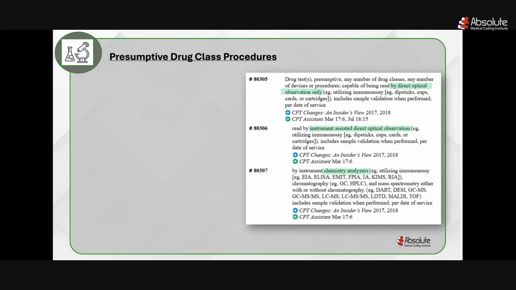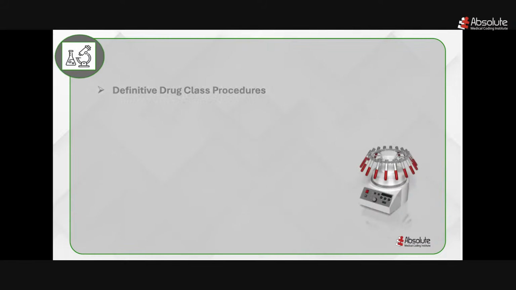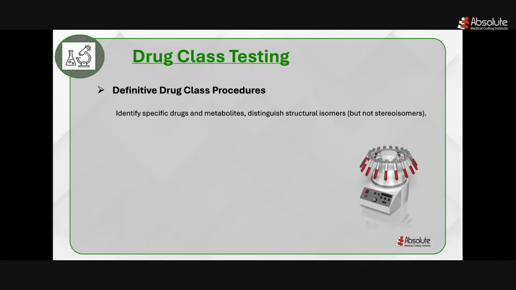All right, so let's move on to the next slide. Now that we have covered the presumptive drug class testing, let's move on to definitive drug class procedures. And these tests, as I said before, are actually used to identify specific drugs or metabolites, giving you precise results.